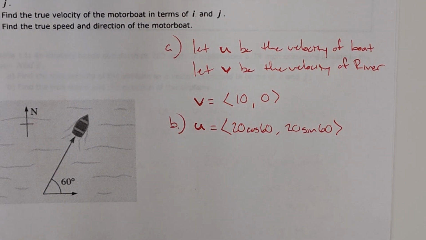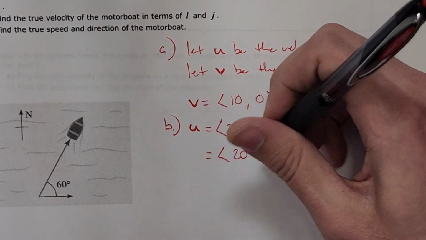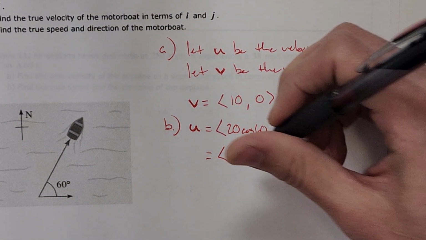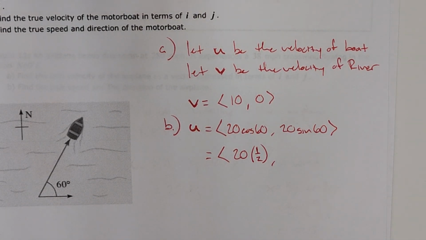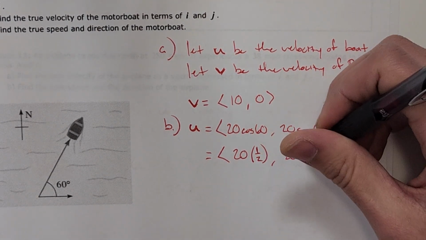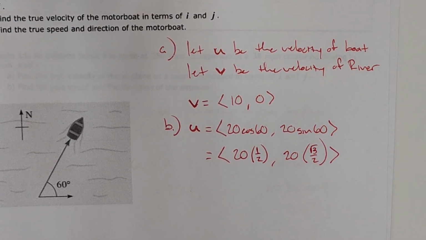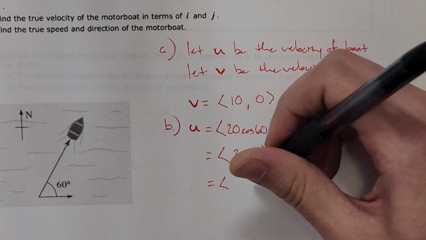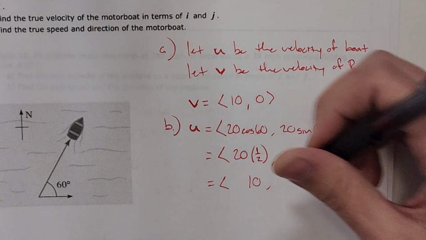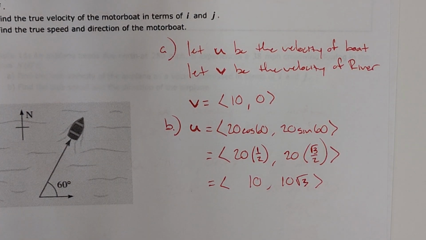We know what the cosine and sine of 60 are. And so we have 20 times, well, the cosine of 60 is equal to 1/2. And then comma, the sine of 60 is root 3 over 2. So 20, and then times root 3 over 2. So therefore, the component form for the boat is equal to 10, comma, 10 root 3. If you were to use unit vectors, we would have 10i plus 10 root 3j.